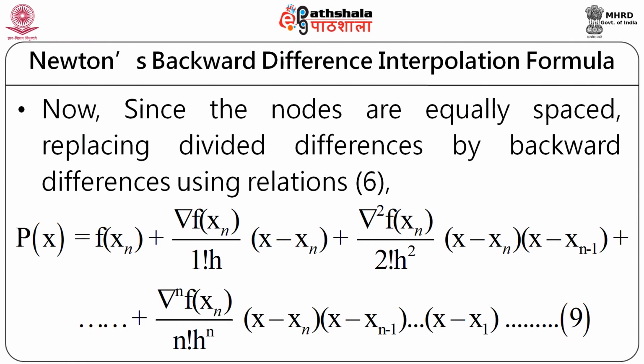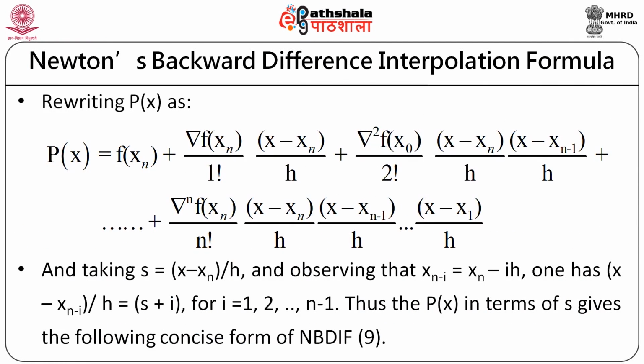So, this is the formula that we get, and again we can carry out the simplification as we have done earlier. So, we can express p(x) like this, separating out this h and putting it in separate factors, and then taking s as (x minus xn) by h and observing that x(n minus i) is equal to xn minus ih.